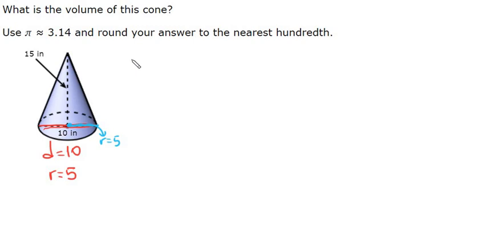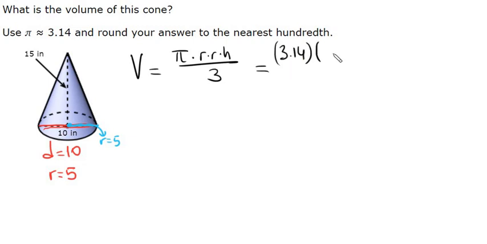Now we are going to use the formula. The volume is pi times r squared times h, divided by 3. So pi is 3.14 multiplied by the radius, which is 5, and 5 again, and the height is 15, divided by 3.